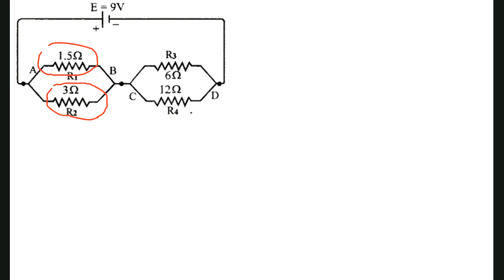RAB equals R1 into R2 divided by R1 plus R2. Very simple law, right?